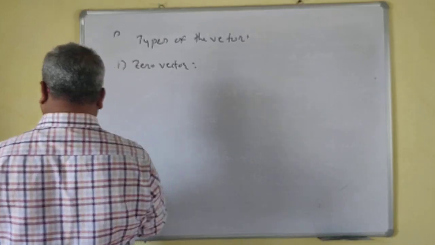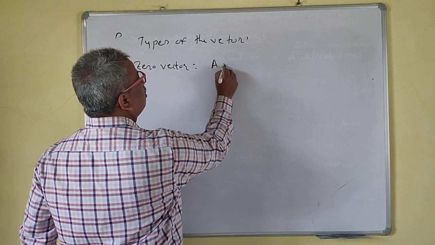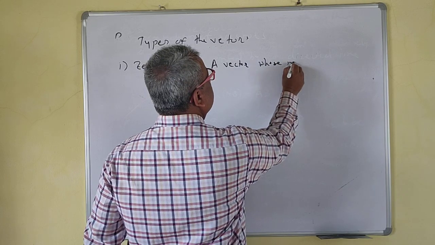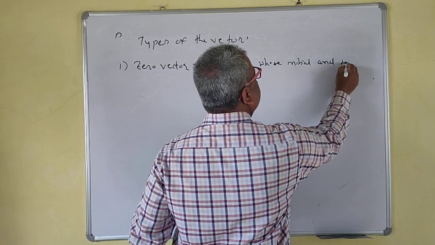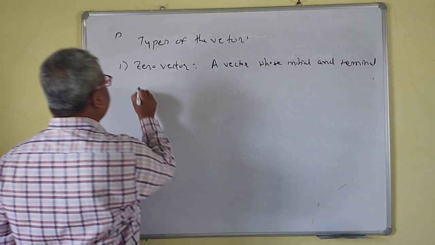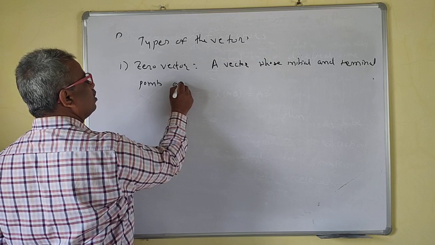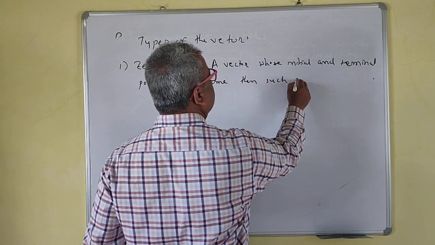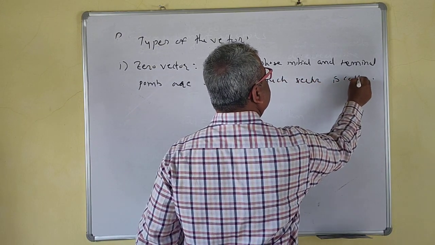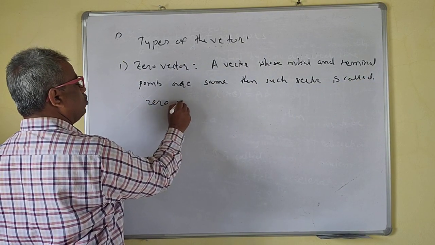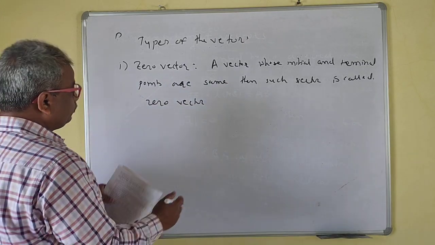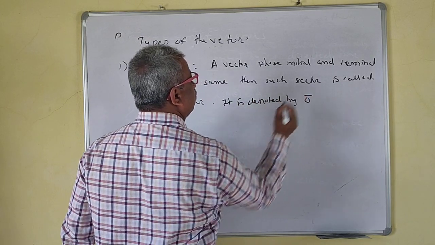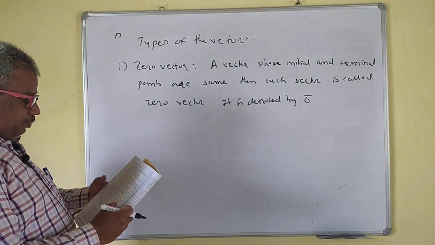Definition: a vector whose initial and terminal points are the same is called a zero vector. It is denoted by zero bar.